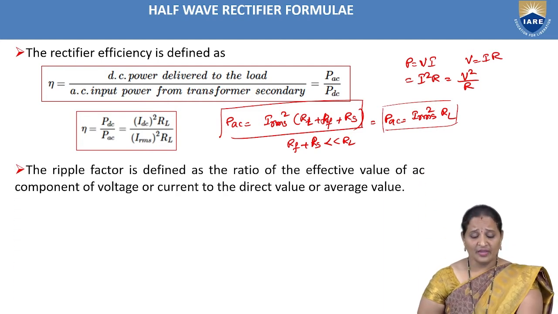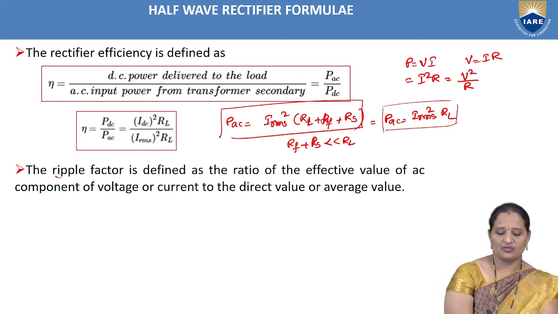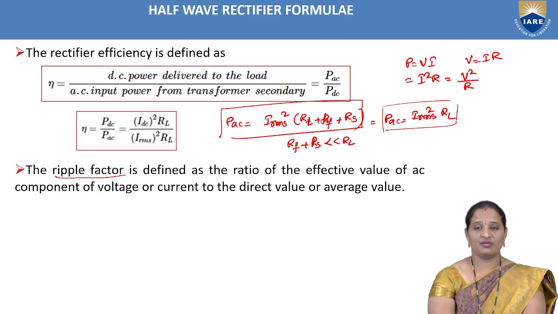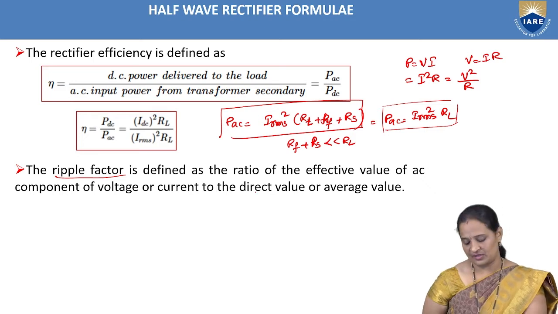And the ripple factor. These are the major factors that are to be calculated for any rectifier. The ripple factor is defined as the ratio of the effective value of the AC component of voltage or current to the direct value, or average value.